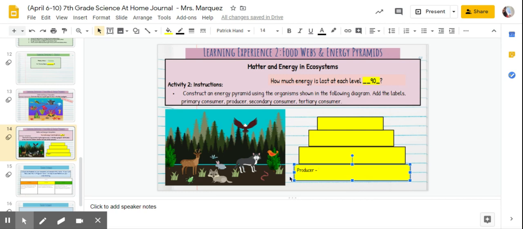That's plants and trees and stuff, right? So I see grass and shrubs. Okay. Next, we've got bugs. I see bugs. Okay. And what is that? That is primary consumer.